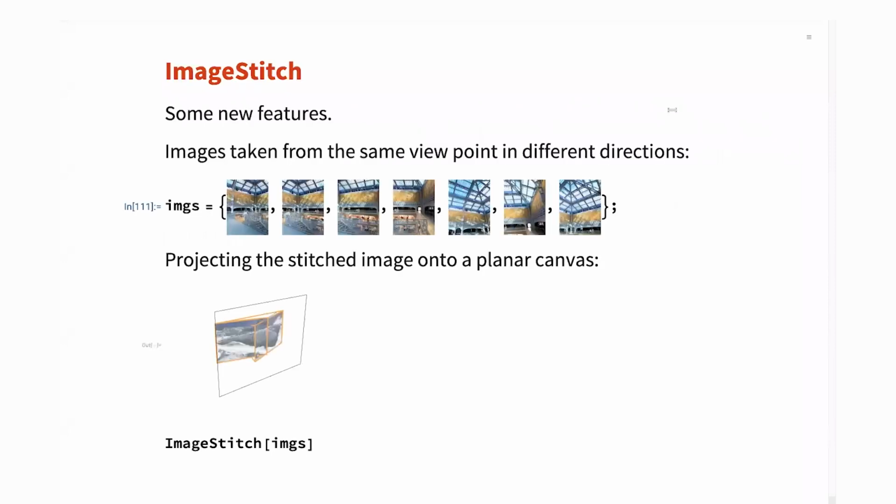Okay, part 1. Something new to come and to look forward to, and that is image stitch. That's roughly where I left off a year ago, in case you were here or remotely available. Image stitch allows you to basically take images and glue them together if they have some overlap.